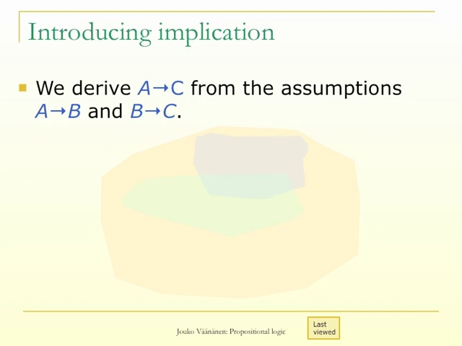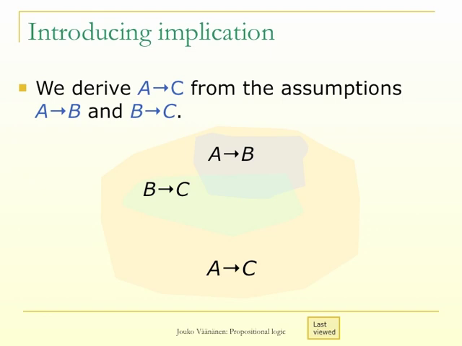Here is an example of the use of the implication introduction rule. We derive A implies C from the assumptions A implies B and B implies C. First, we prepare ourselves for an application of the implication introduction rule.